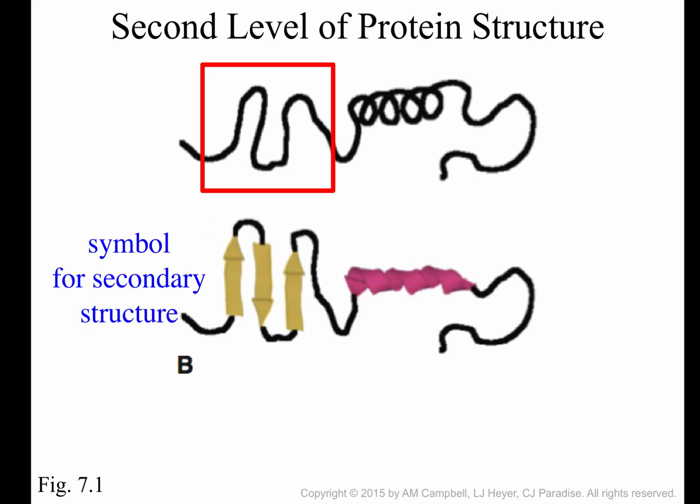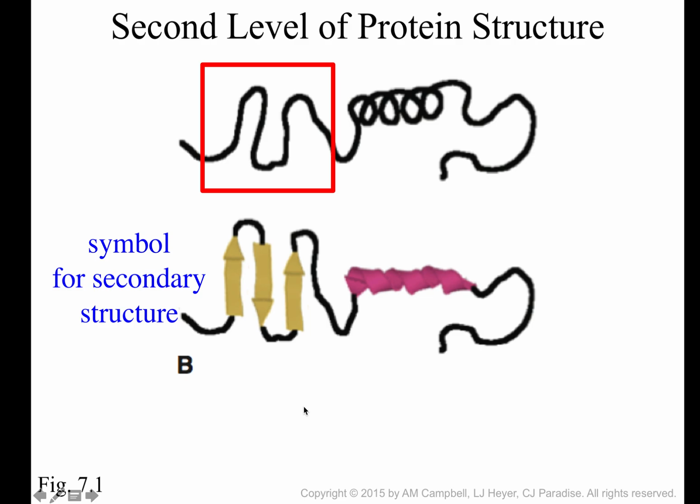But the symbols in protein structure lingo, they use arrows for secondary structure. So arrows like this for a sheet, and then a curled up helix for a helix.